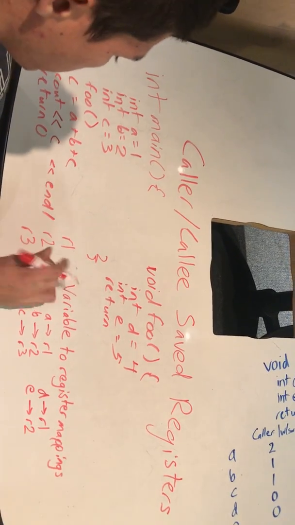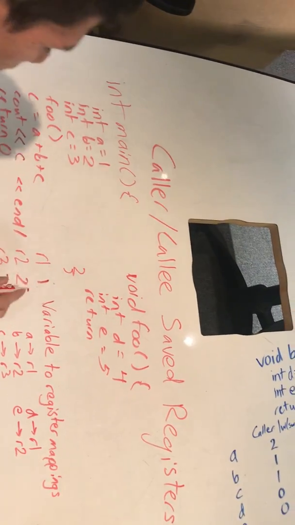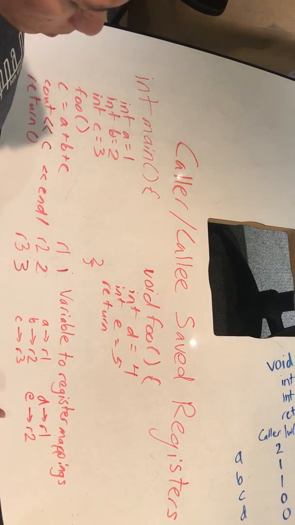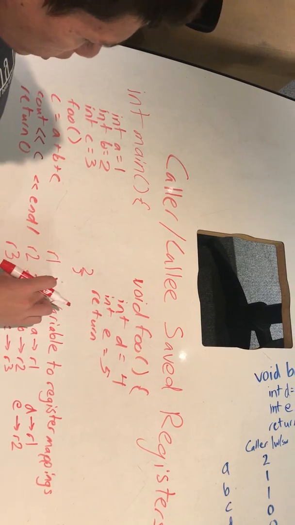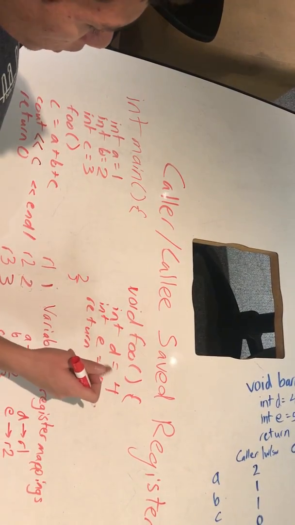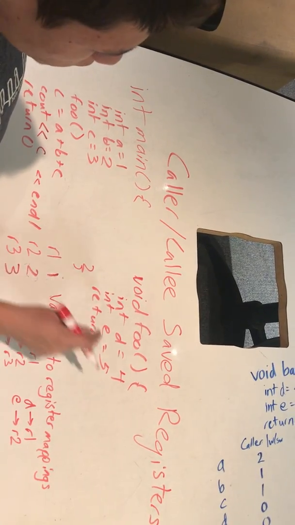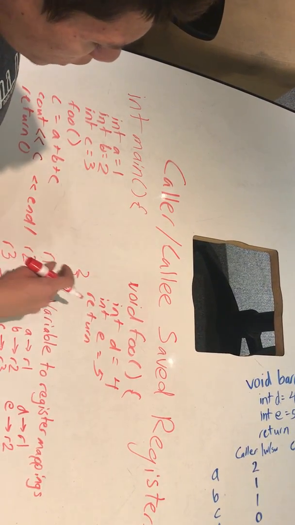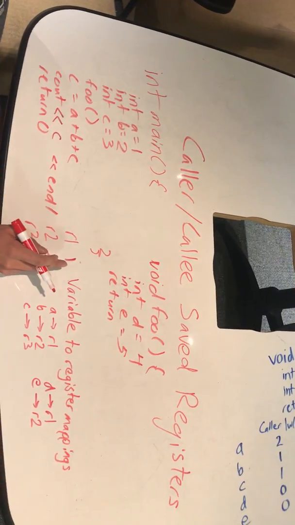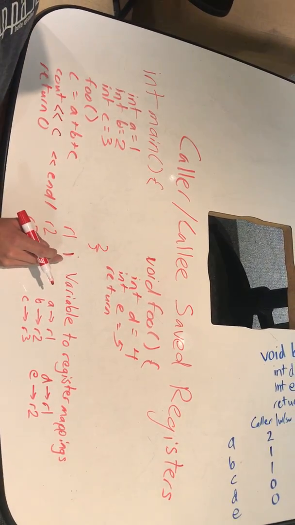In this case, there would be a 1, 2, and 3 in these three registers at the beginning. Foo is going to modify registers 1 and 2, so it would need to save the values in those registers when it's called. Then it can use them however it wants. It can put the 4 and 5 in there, and right before it returns, it needs to restore those registers to their previous state.